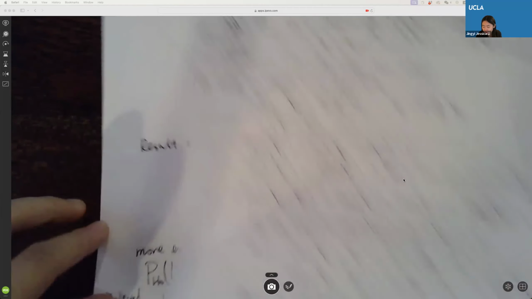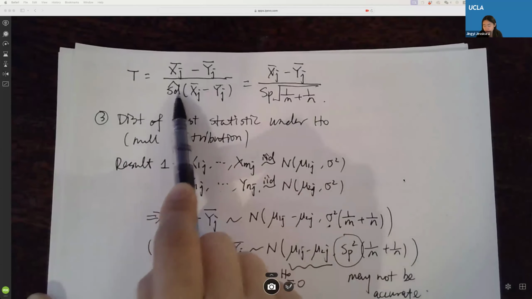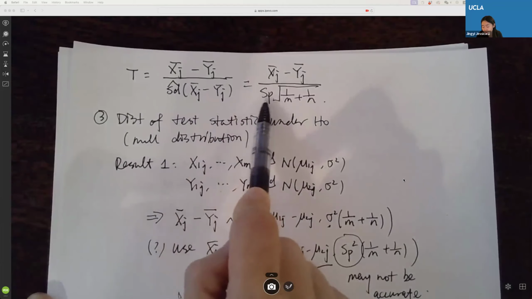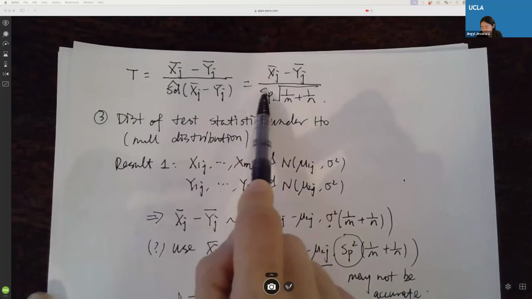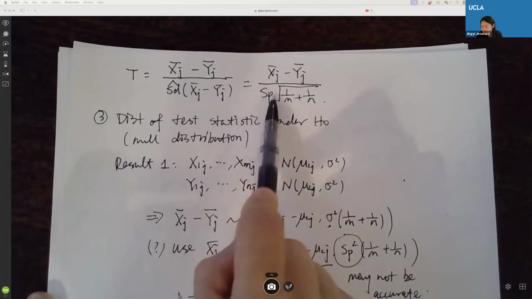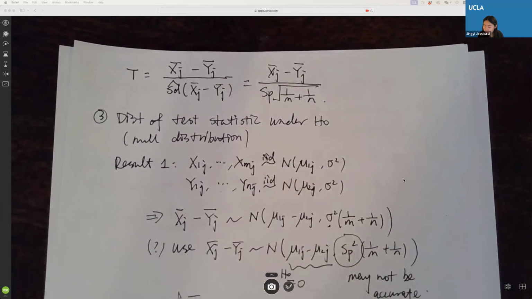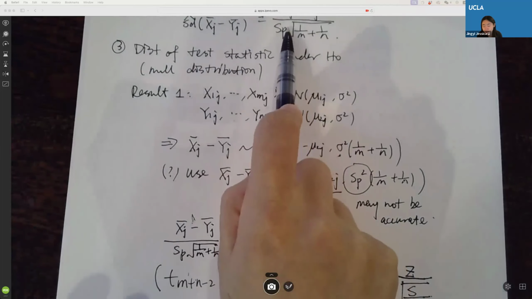And then we use that in our denominator as the standard deviation. Basically we plug in the pooled variance square root here, and then this is our t-statistic formula.